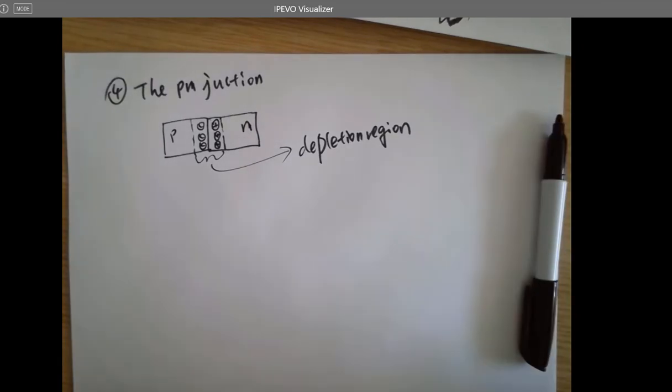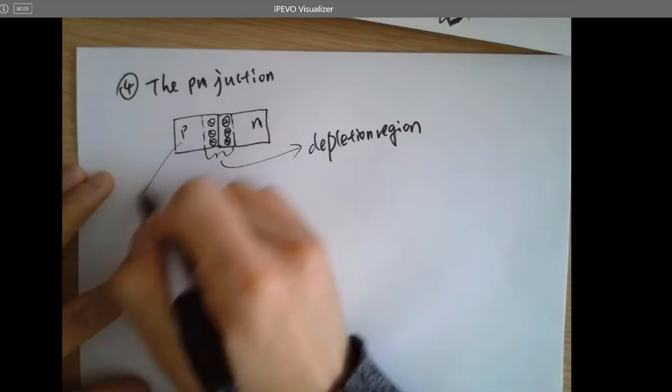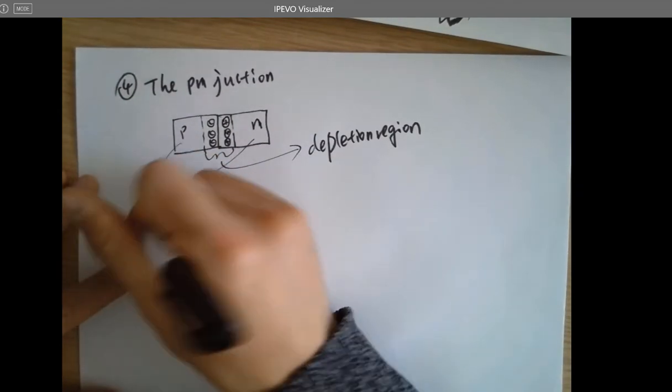And you have phosphorus, it's also neutral. You put them together, it should be neutral as well, even though you have more freely moving holes. It's hard to understand intuitively, but just think about it this way: you have two neutral things, you put them together, it's still neutral. So these two areas are electrically neutral.